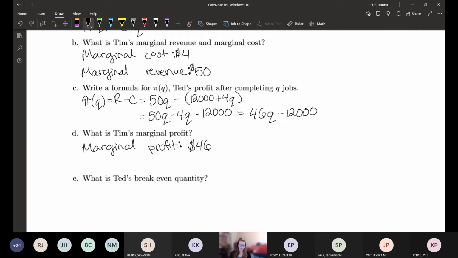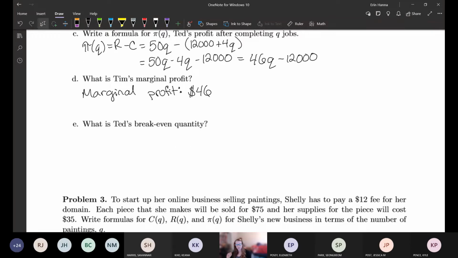What is Ted's break-even quantity? So remember, break-even, we have the two choices. We can either set profit equal to 0 or we can set revenue equal to cost. Since we have our profit function here, I would just set that equal to 0. So add the 12,000 over to the other side.